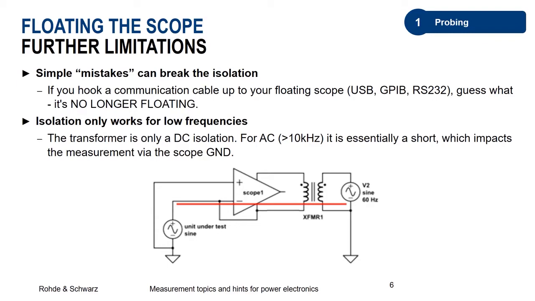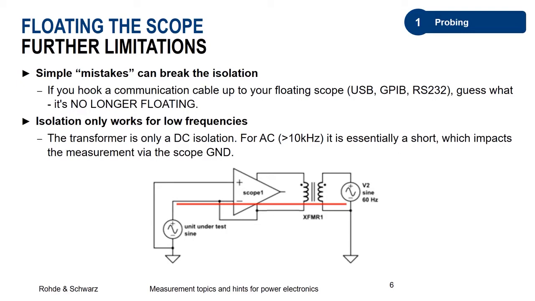And often in such settings, oscilloscopes are controlled via a remote interface, because you might not want to operate the scope directly in front of it because of the safety topic. But apart from that, there are also performance difficulties, and the reason is that the isolation that a typical isolation transformer provides only works for DC and maybe for low frequency AC.